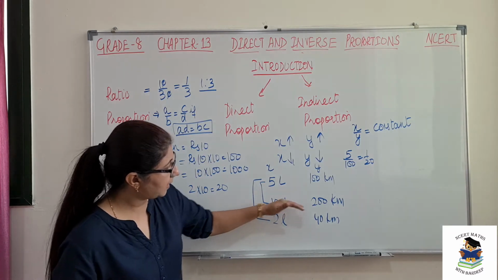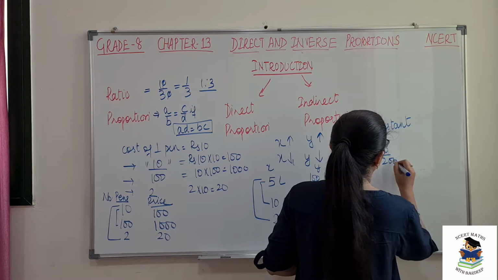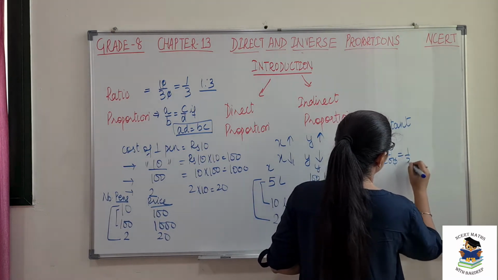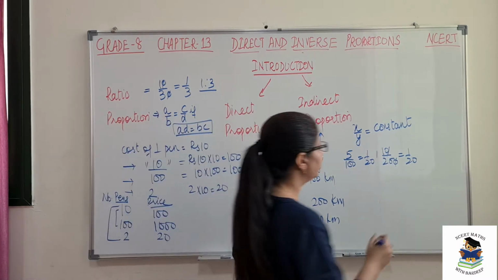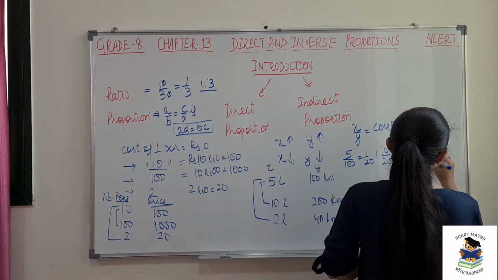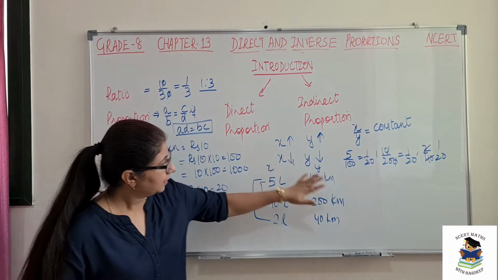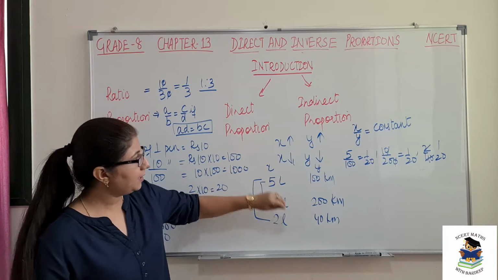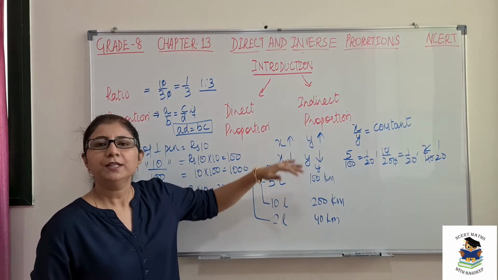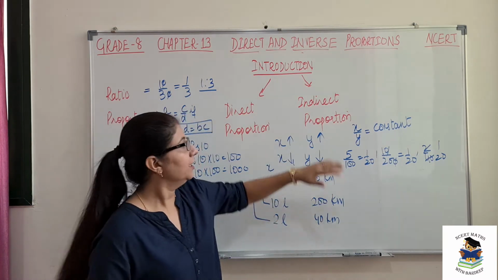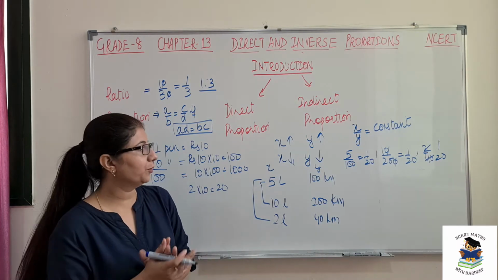If you check this, 10 by 200, the zeros will be cancelled, so this is 1 by 20. Here also you can check 2 by 40, which is again 1 by 20. So we can derive from this that any data is in direct proportion if and only if their ratio is constant. So x by y should be constant for any data to be in direct proportion.